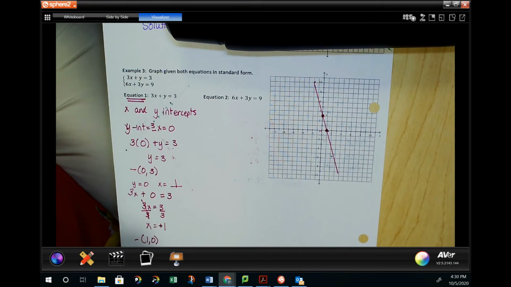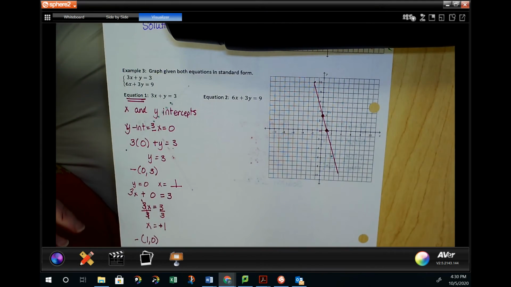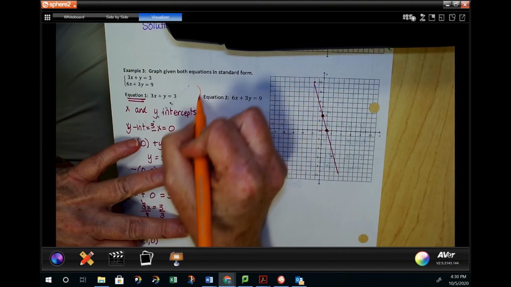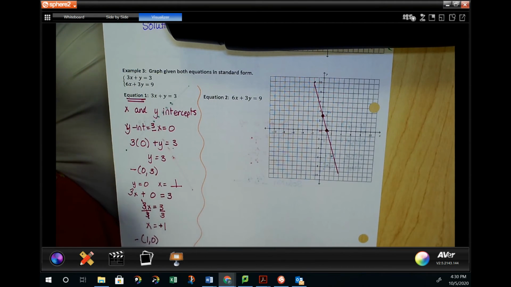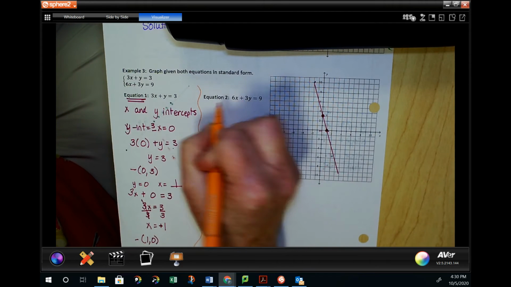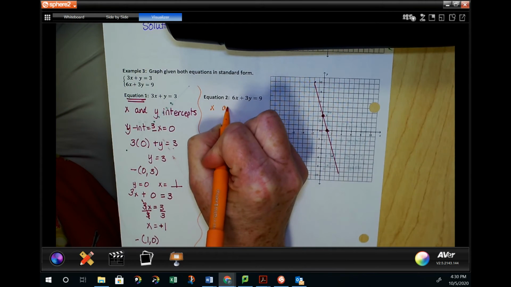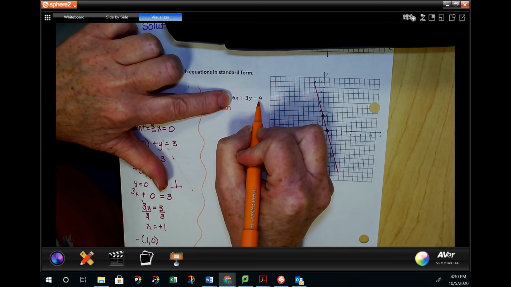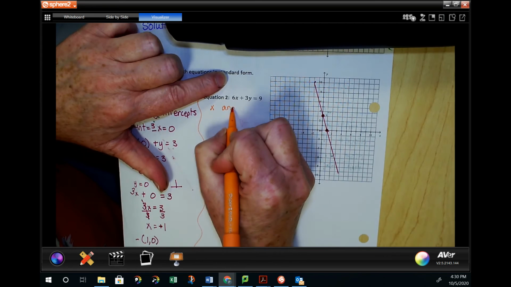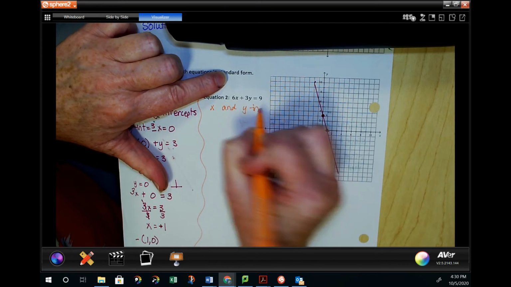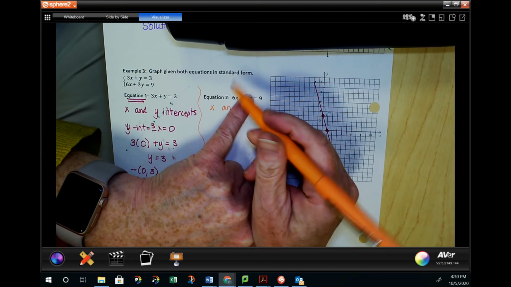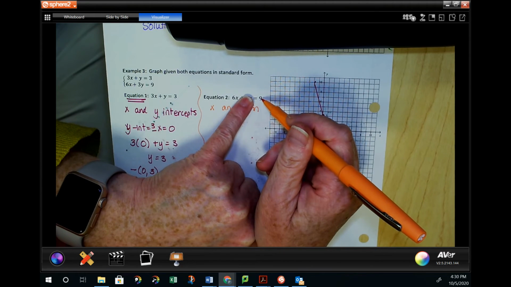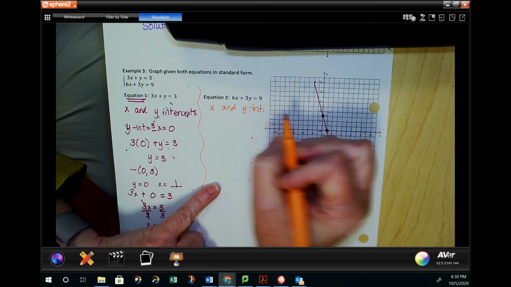So now we've got line 2. If I do x and y intercepts on line 2, 6 will go into 9, but 9 divided by 6 is no good.